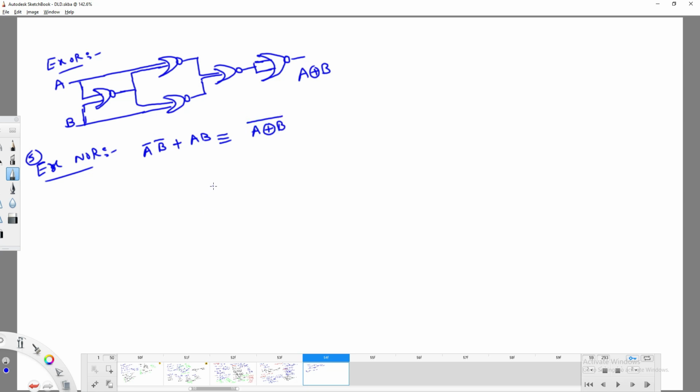Is it correct? Yes, right? Meaning that for XNOR, if you want to get it, that is what I said, right? For XNOR, you can just add one more complement. You are going to get A XOR B or not. Or if you remove this particular part, you are going to get exactly XNOR.